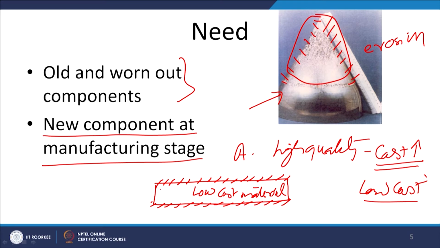So, using the low quality material, the product is made and the surfaces are engineered using the high quality materials, so that the required functions are performed for a longer time even at the lower cost.